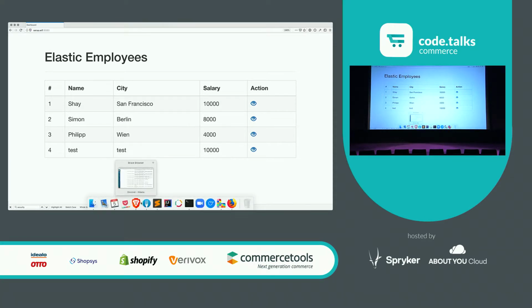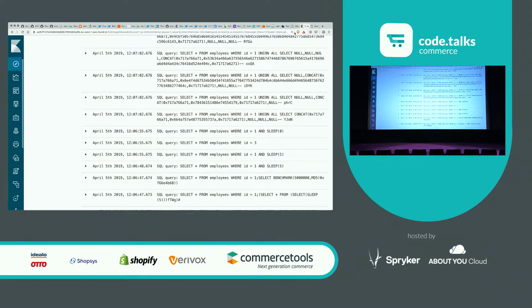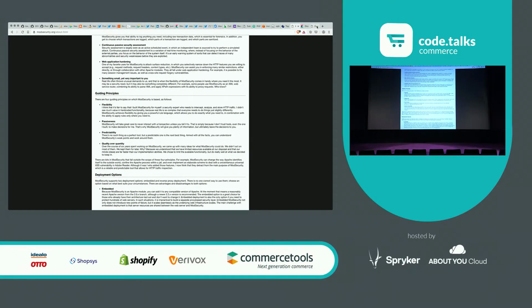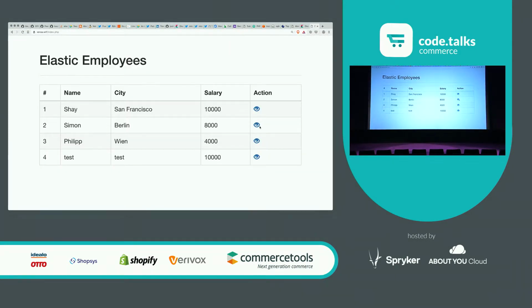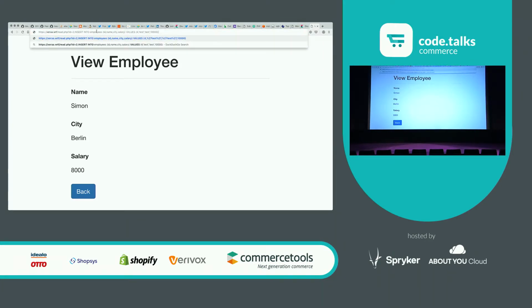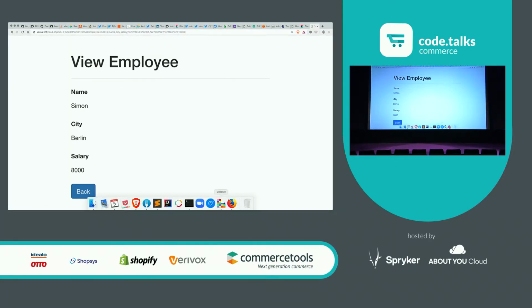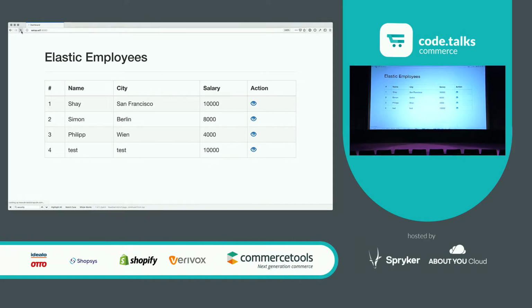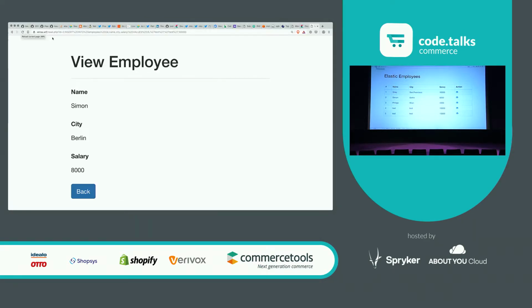If I go back and try to insert, no, this is the wrong one. If I insert a fifth employee, let's add a fifth employee, and I switch browser, you will get your fifth employee.